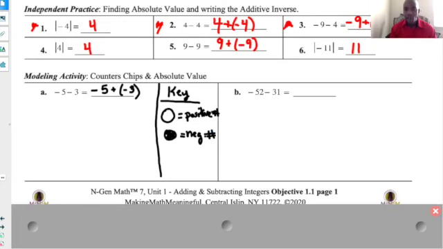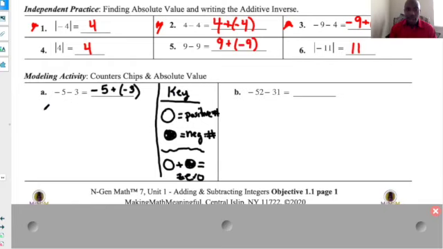One thing that's important for this key is the additive inverse: if I add one positive plus one negative, it has to equal 0. It's like 1 plus -1 equals 0. But let's go back to our problem.